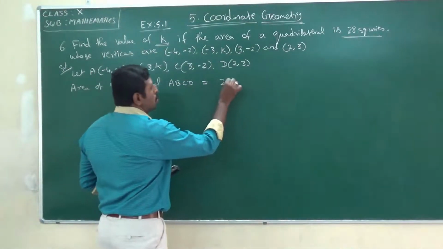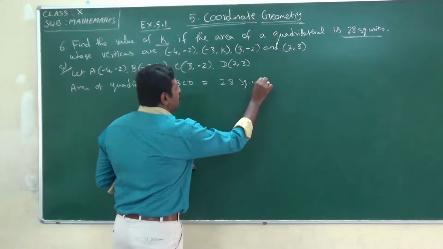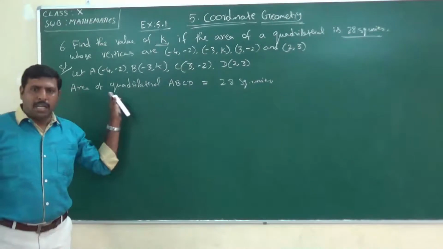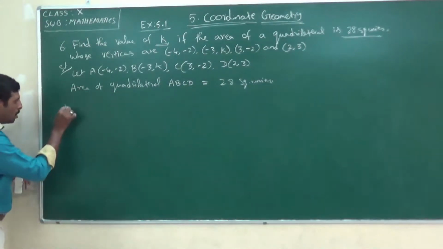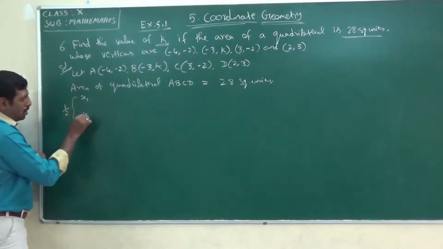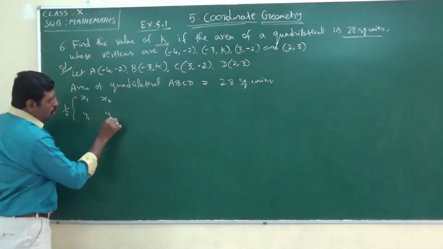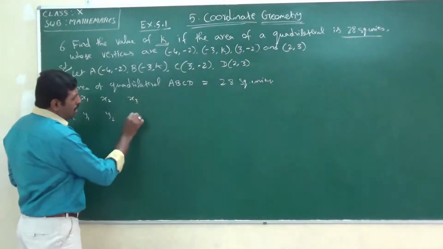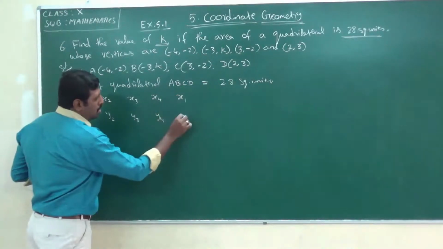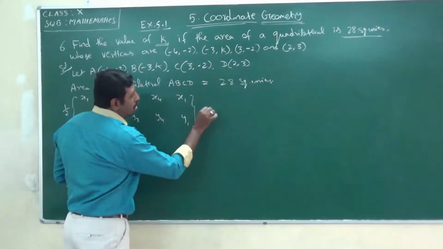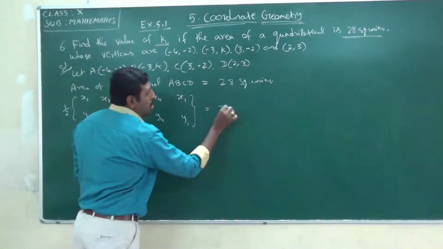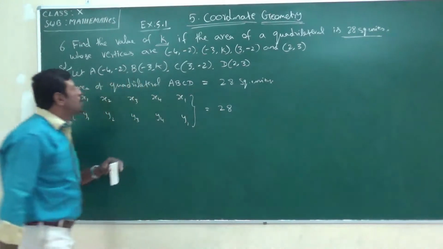Now we know the formula for the area of the quadrilateral ABCD: half into x1 y1, x2 y2, x3 y3 and x4 y4, again x1 y1. This term is equal to the area of the quadrilateral, which is 28.